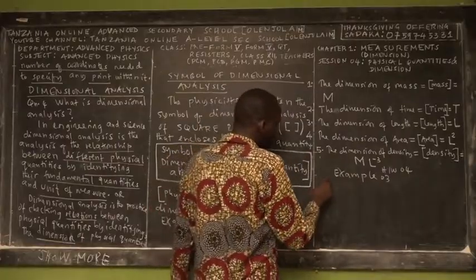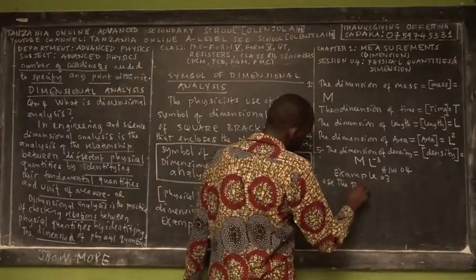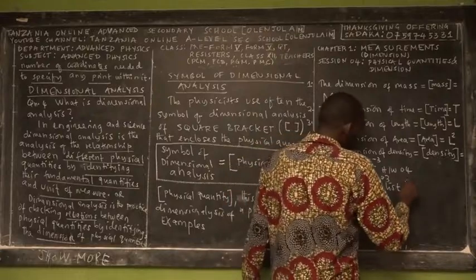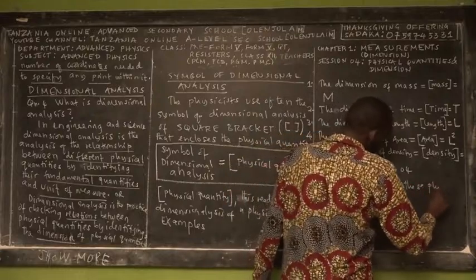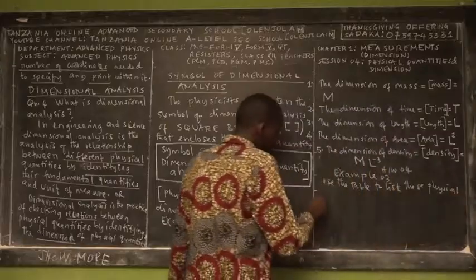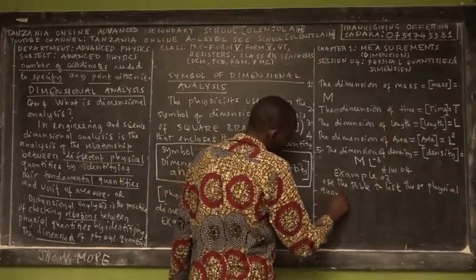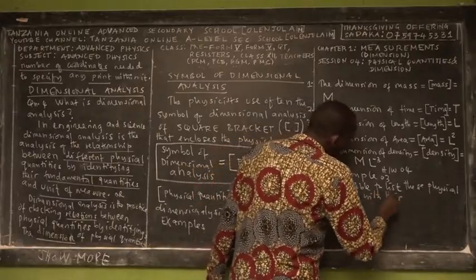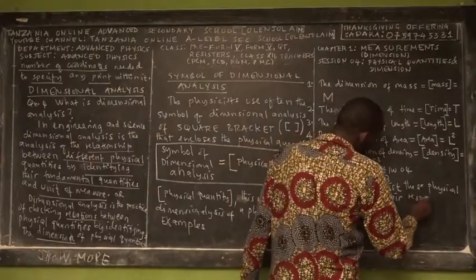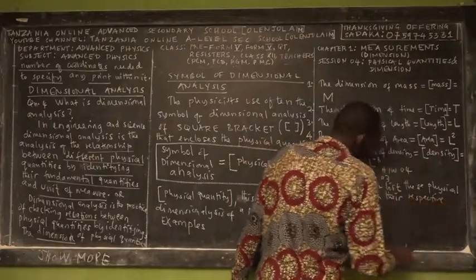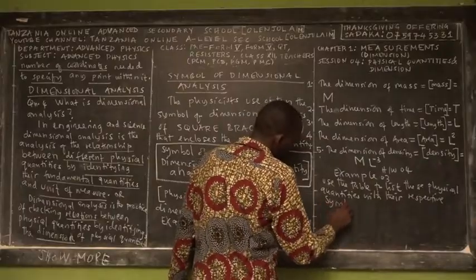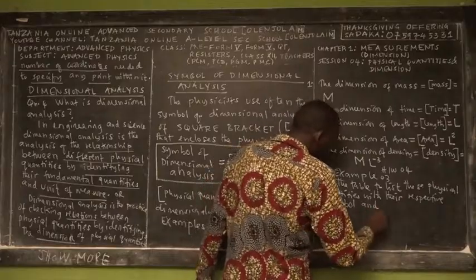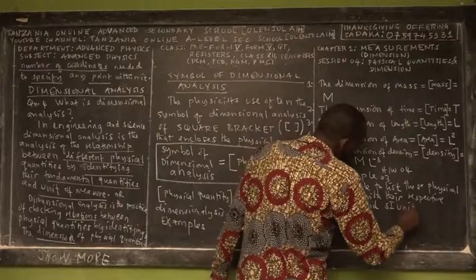So use the table to list these physical quantities with their respective symbols, the symbol of mass, the respective symbol, and what in SI unit.